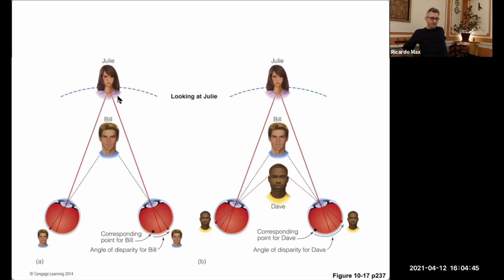So in this example here, the fixation is on Julia. Bill will fall in one eye to the left side of the fovea and to the right side of the fovea in the other eye. Dave, that is even closer than Bill, will fall even further away from the fovea to either side.